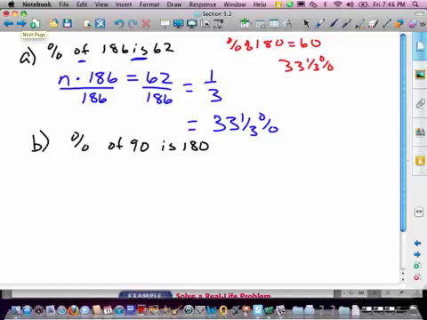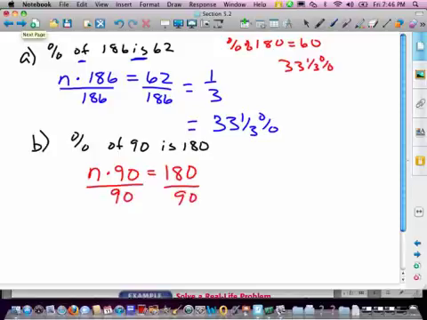So let's just work this problem out and see what we get. We're trying to get my percent times 90 equals 180. If I calculate this out, I go 90 here, these cancel out, this goes in perfectly, so I get 2.